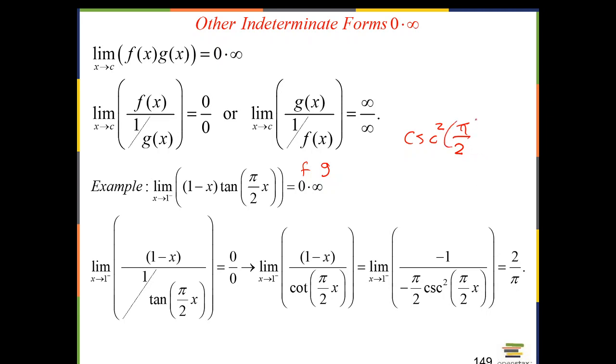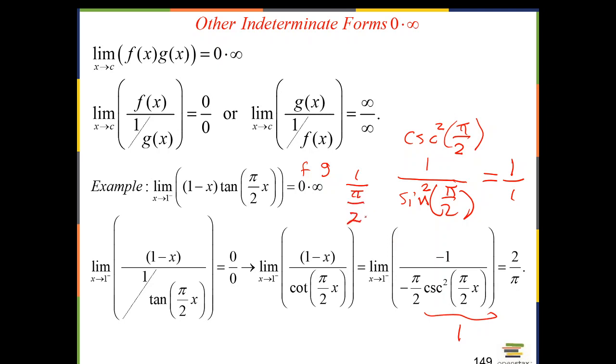That's the same as 1 divided by sine squared of pi over 2. Sine of pi over 2 is 1, and the squared is just 1. So this would be 1, and the negatives cancel each other. So what is 1 divided by pi over 2? Well, it's 2 over pi. So that's the limit of this one.